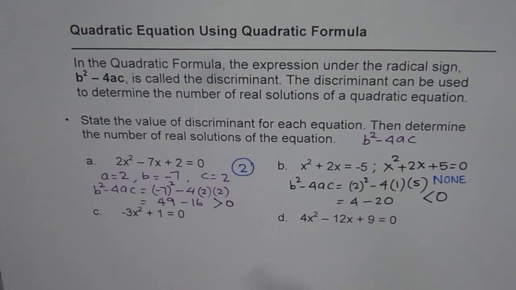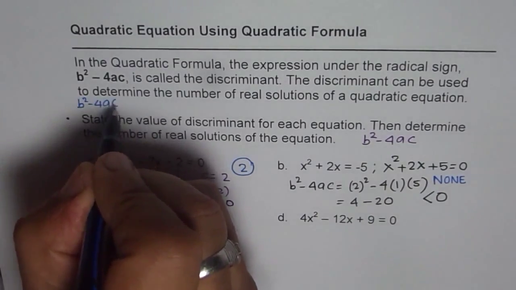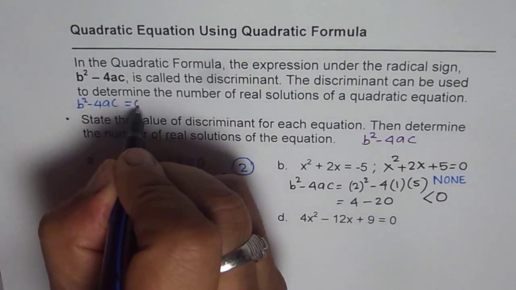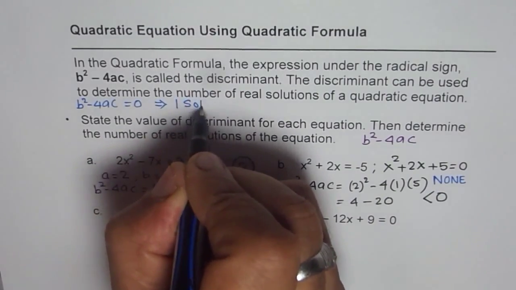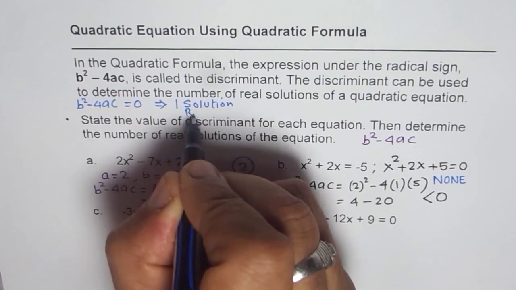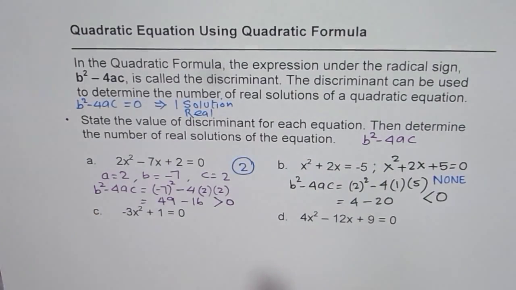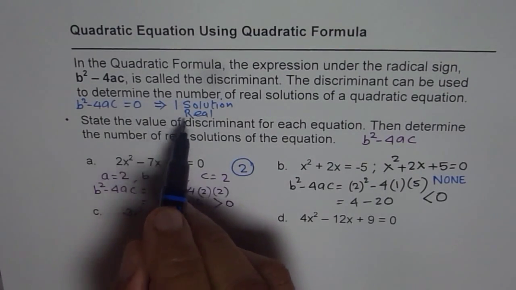Now let me summarize. If b squared minus 4ac is equal to 0, then we have one real solution. A quadratic equation always has two solutions; they could be real or imaginary. Now it has one real solution.